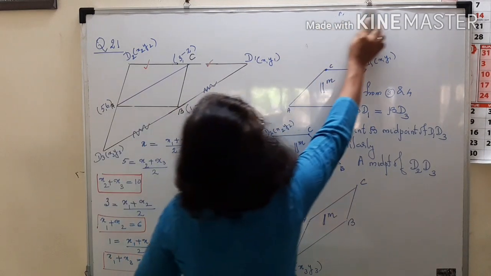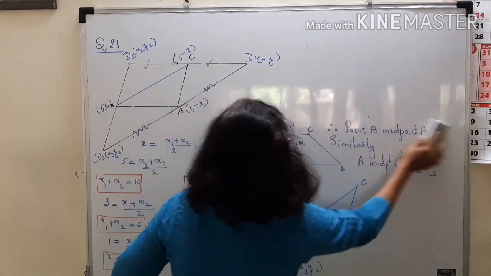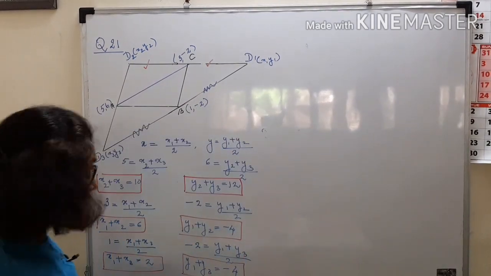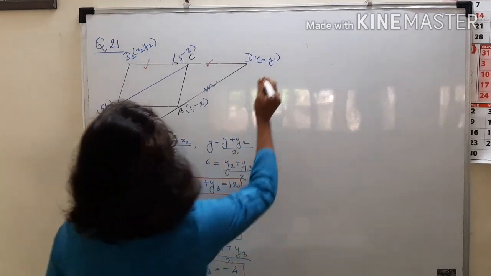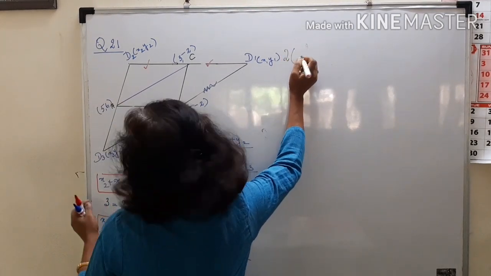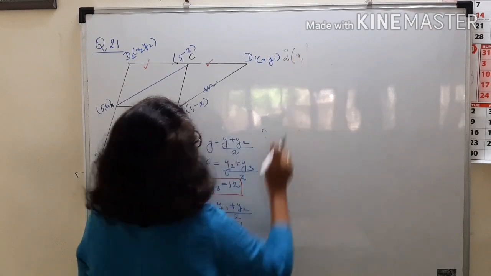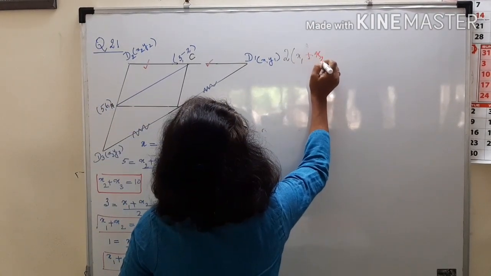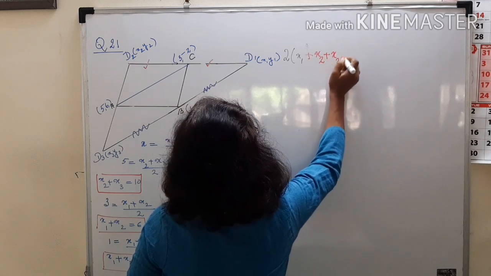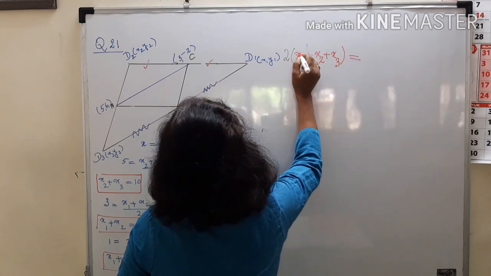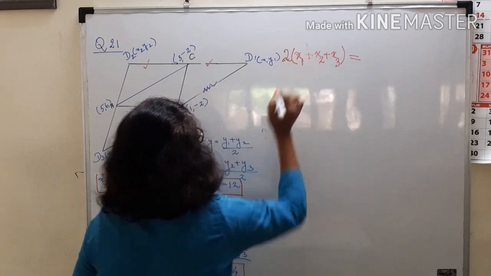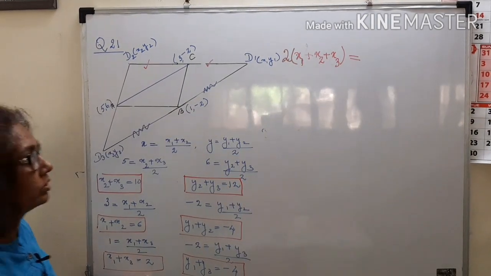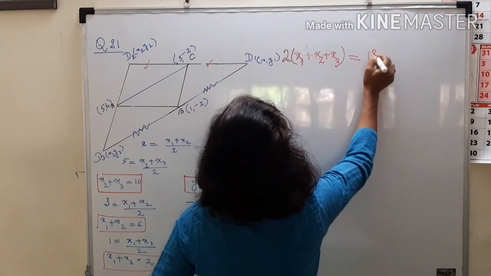So, we get 2 times of x1 plus x2 plus x3 is equal to 10 plus 6 plus 2, that is 18.